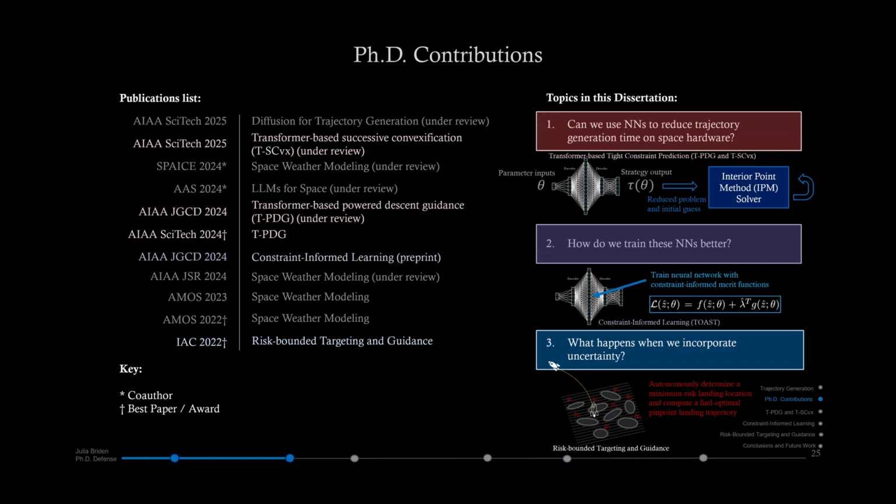So specifically, we're looking at embedding constraint satisfaction into our loss function and seeing if we're able to bias towards constraint satisfaction when we do that. And the last one is what happens when we incorporate uncertainty. And so we're going to look at combining targeting and guidance by incorporating a risk-based landing contour.